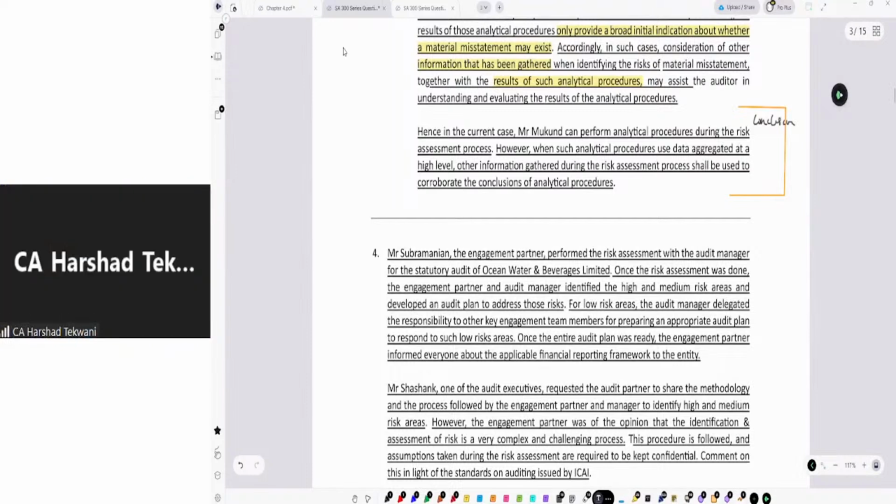Come on, guys. Read the question once again. Take your time and understand the question. Take 2 minutes to read the question.